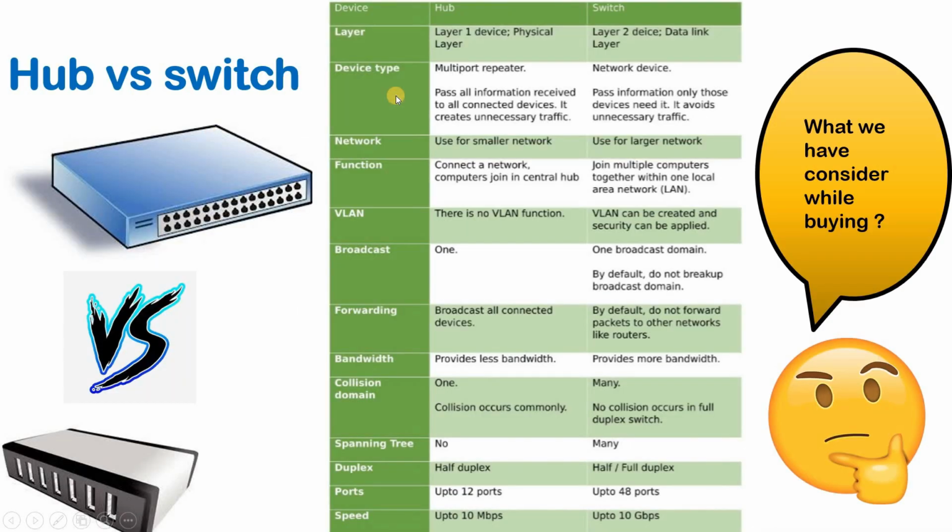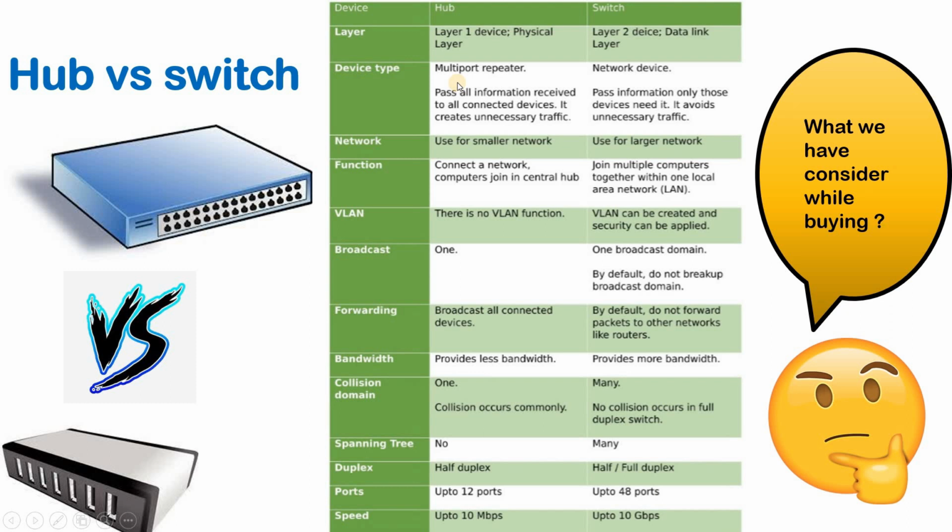Let me compare both hub and switch, and what we have to consider while buying both. Actually, the hub is a layer 1 device, but the switch is a layer 2 device. Layer 1 is the physical layer. Layer 2 is the data link layer.